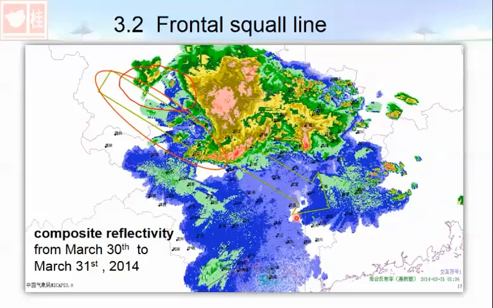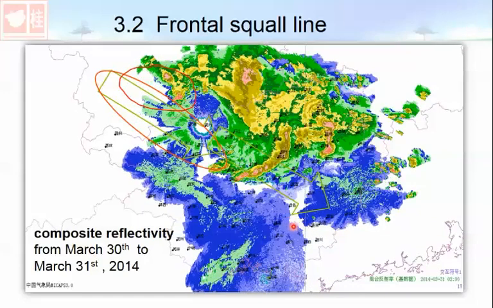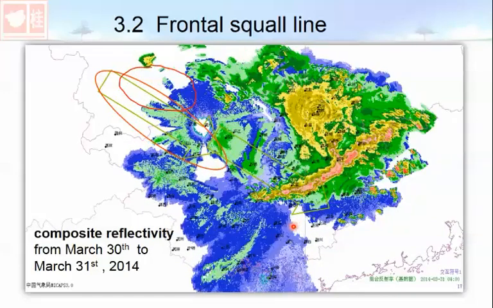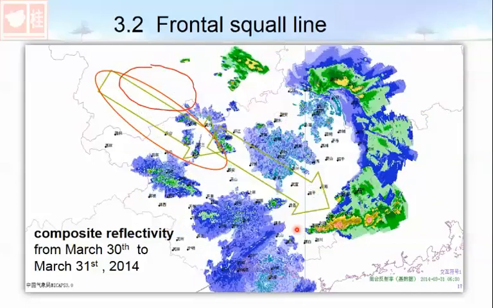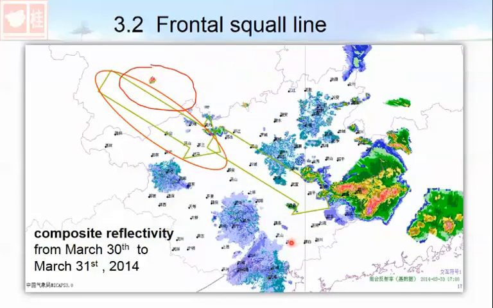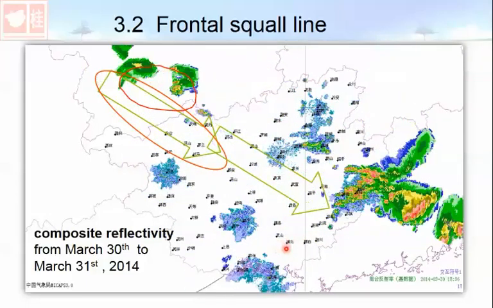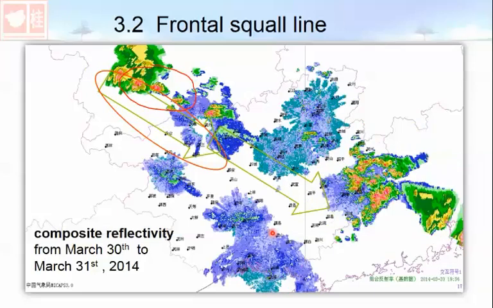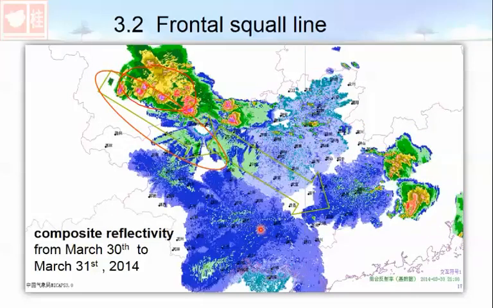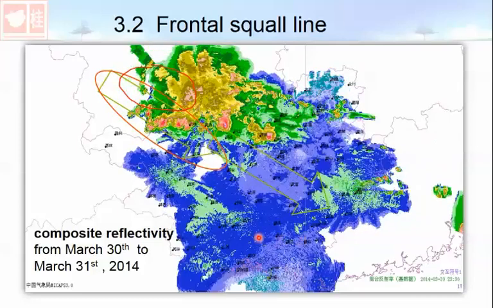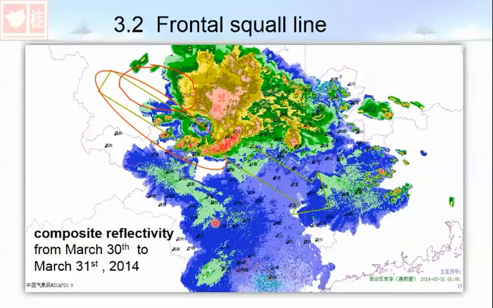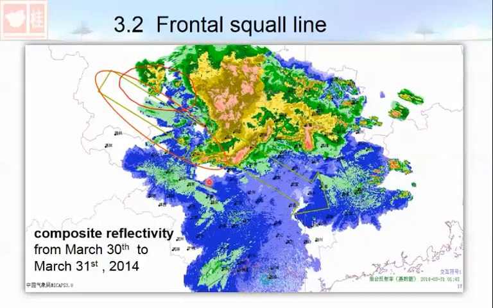The squall line moved out of Guangxi at around 8 p.m. the next day, lasting for about 12 hours, with the moving speed of 70 kilometers per hour, which is a fast-moving frontal squall line.